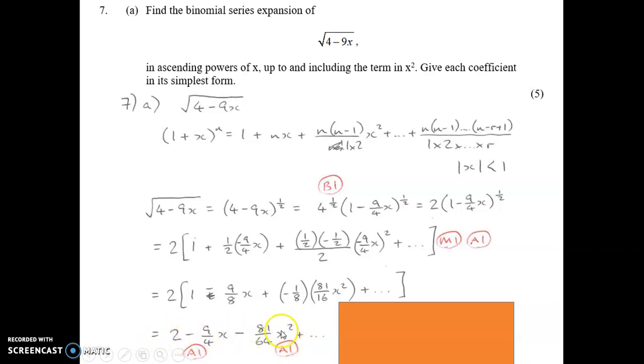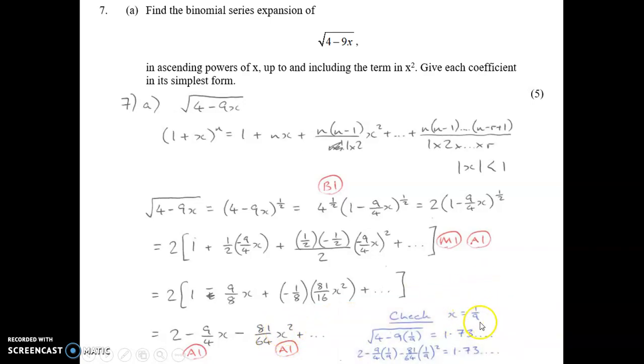We've only gone up to the x squared term, but they should be similar. So I've just chosen a value of x, substituted it into this expression, which gave me 1.73 and so on, and then substituted the same value of x into this approximation, which came out to be 1.73, etc. as well. So it looks like that could well be correct.